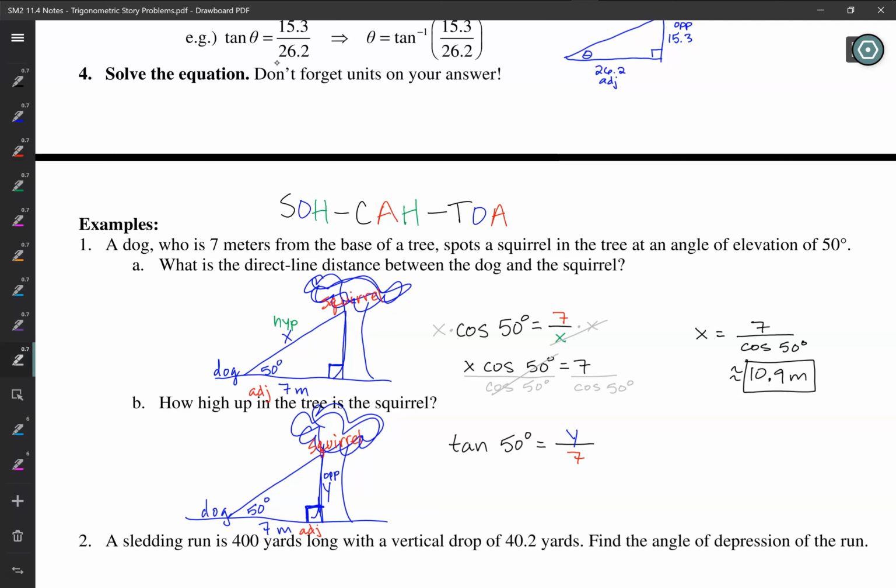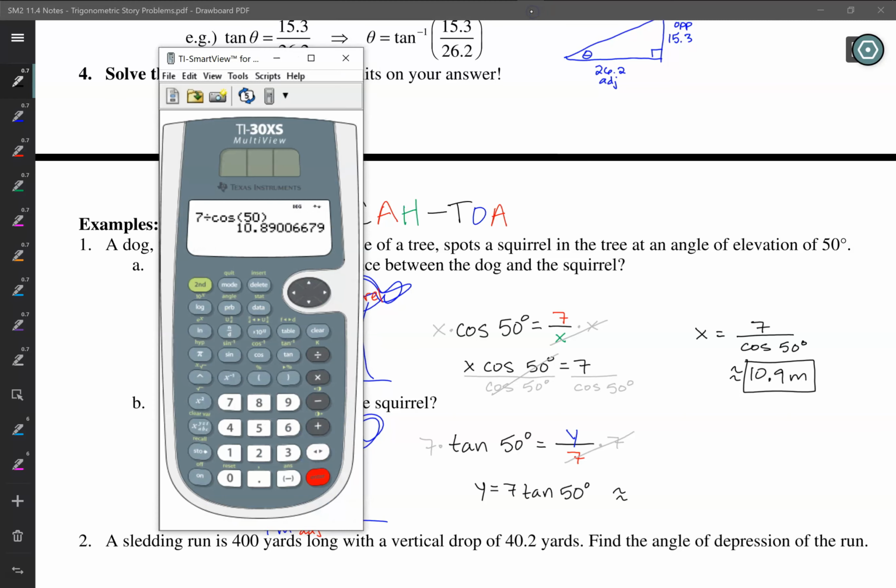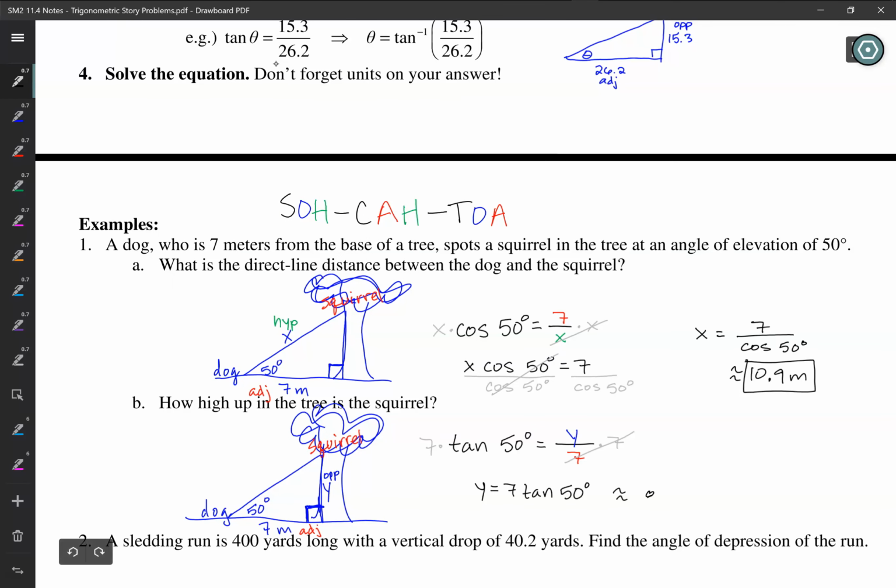Since y is on top, this is a one-step problem. Just multiply both sides by 7. And you get that y is 7 times the tangent of 50 degrees, which is about 8.3 meters high.